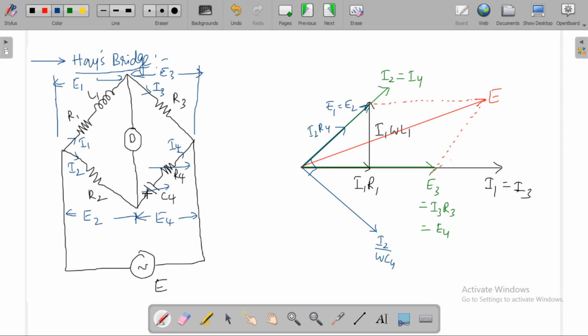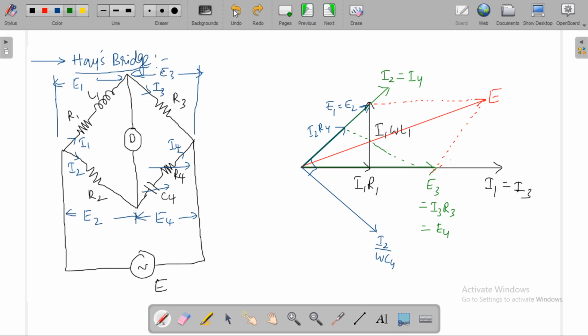Now the phasor sum of this and this gives E4, right? The phasor sum of the voltage across the capacitor and the voltage across R4 will be E3 or E4.